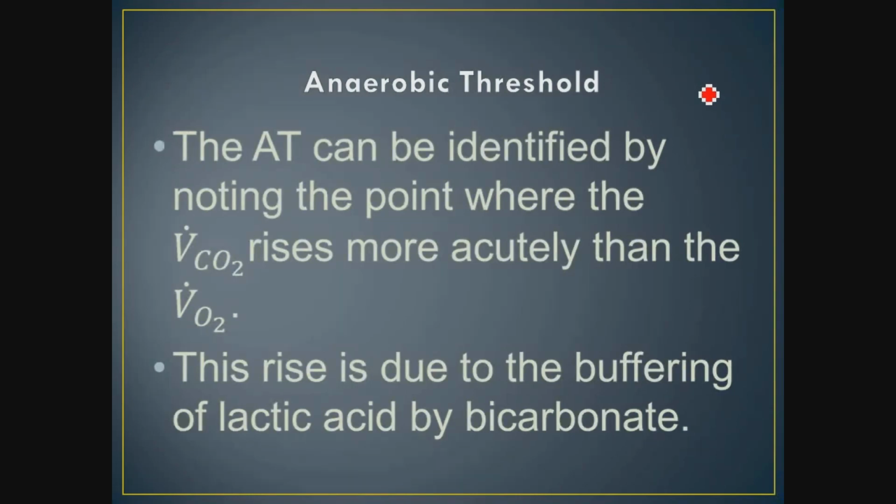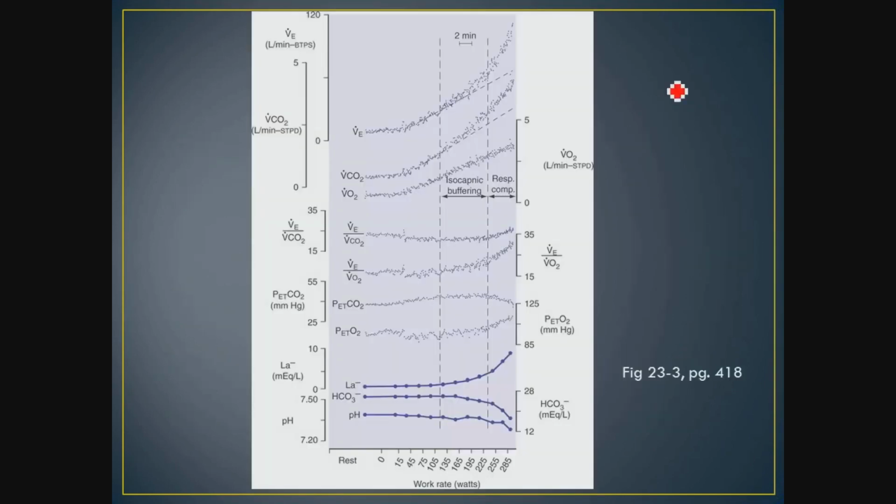What you end up seeing is basically at some point, the linear response of the amount of oxygen being consumed and CO2 being produced changes, and all of a sudden there's more CO2 being produced than there is O2 being consumed. One is linear, one starts having a little bit of a hook on it, a little bit of a rise that is non-linear, and that's due to that lactic acid being buffered.